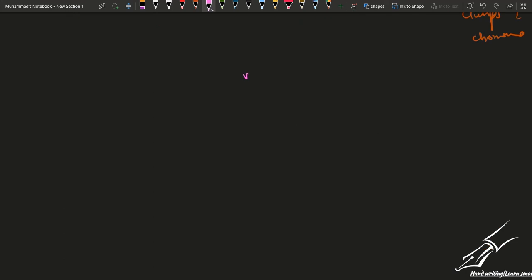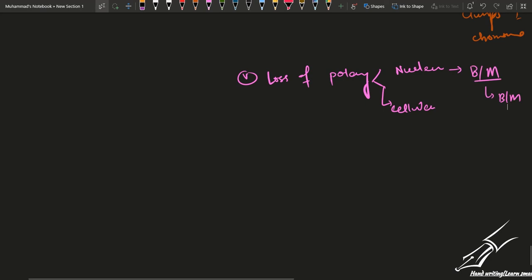The fifth feature is that there is a loss of polarity, both nuclear and cellular. Nuclear, in the sense that normally the nuclei are present near the basement membrane, so there is loss of nuclear polarity.